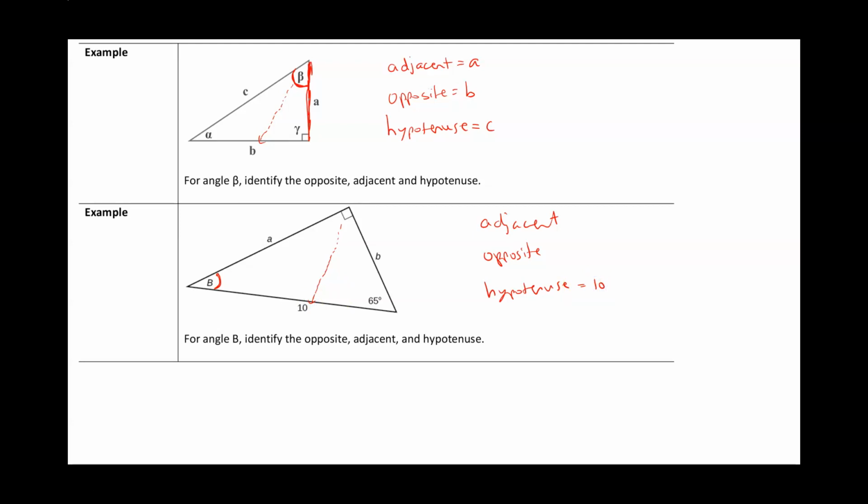Now the adjacent, remember, we're looking from angle B. Adjacent is the one that's connected to angle B. Angle B is made up of two sides: side 10, but that's the hypotenuse, and also side A. So the adjacent side is side A, and looking from angle B, opposite of it is side B.